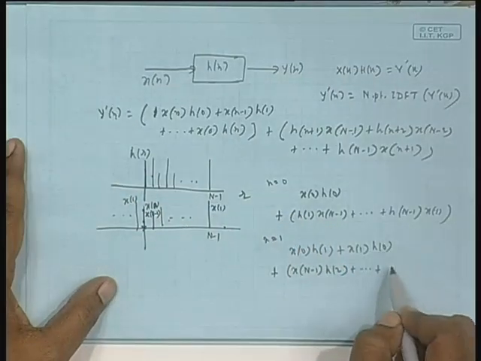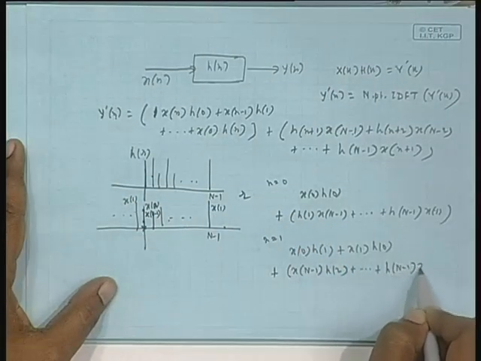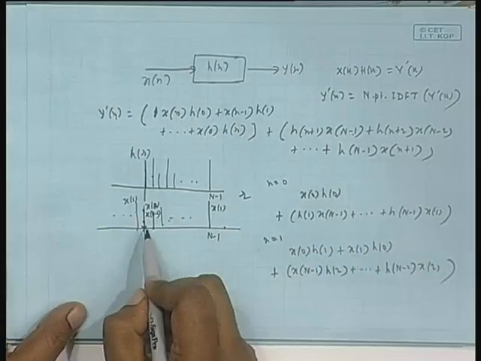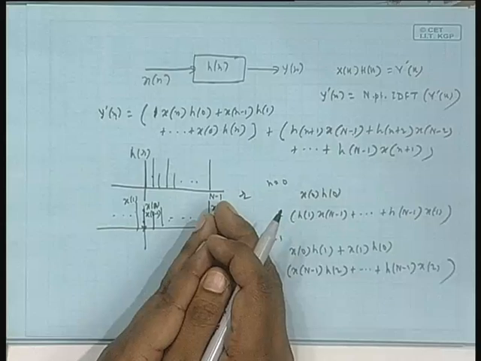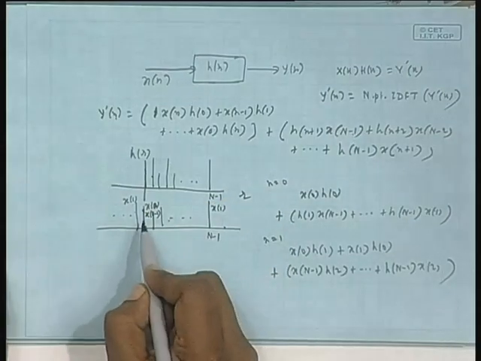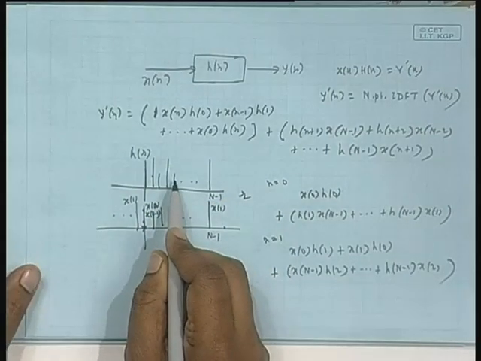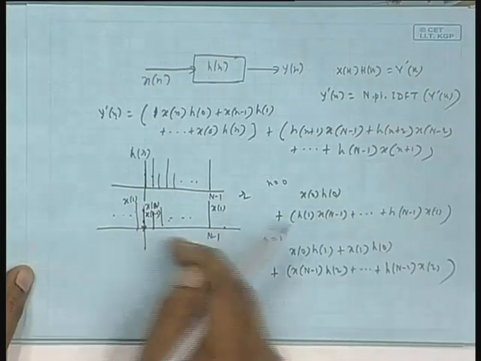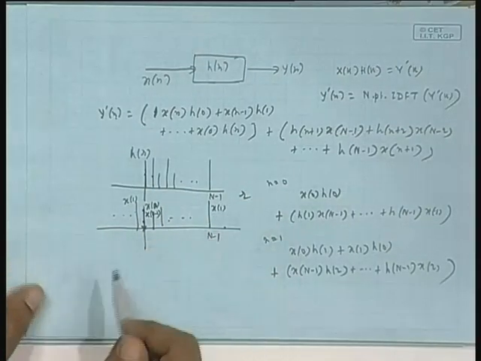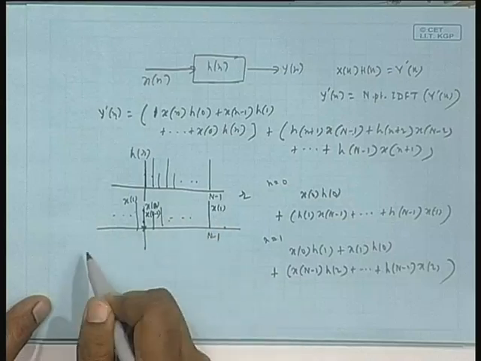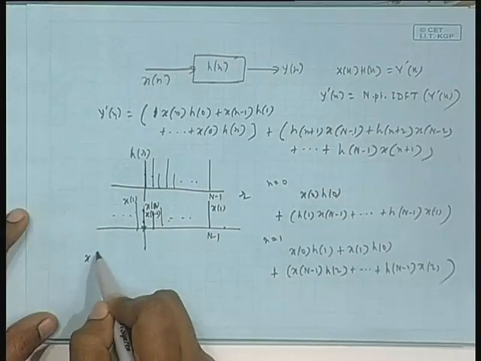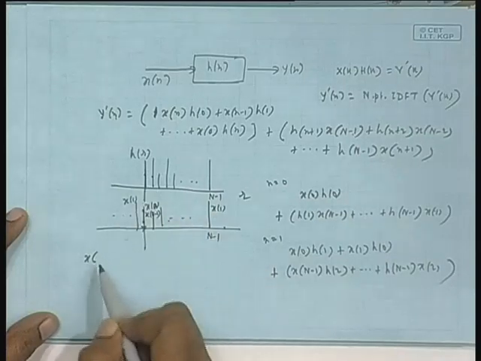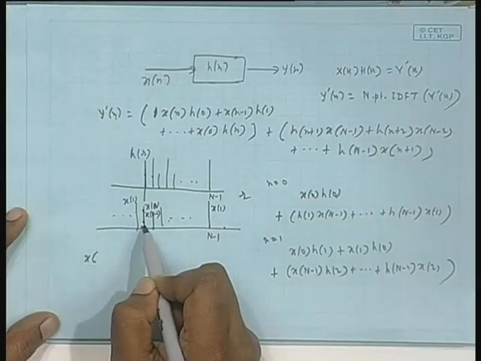So, you have got again this form. In general, now you can see, in general, if you shift it to the right by n bit, x 0 will come below h n, and therefore, below h 0 will be x n, distance is same. So, that part will be obviously x n h 0, x n will be here, is not it?